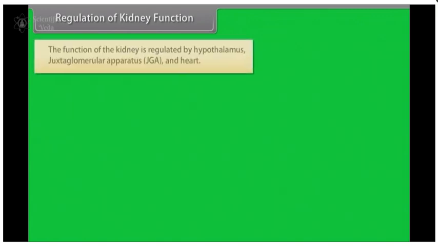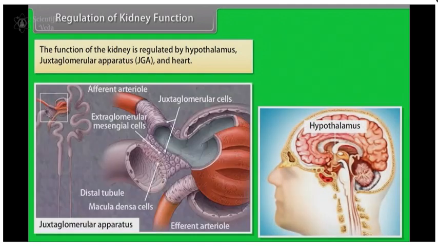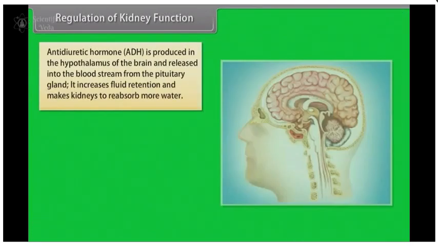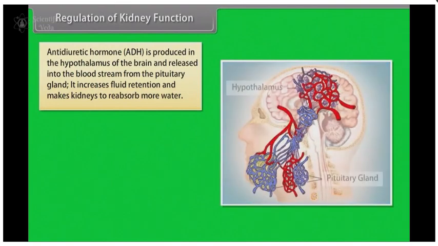Regulation of kidney function. The function of the kidney is regulated by the hypothalamus, juxtaglomerular apparatus and heart. Antidiuretic hormone is produced in the hypothalamus of the brain and released into the bloodstream from the pituitary gland. It increases fluid retention and makes kidneys reabsorb more water.